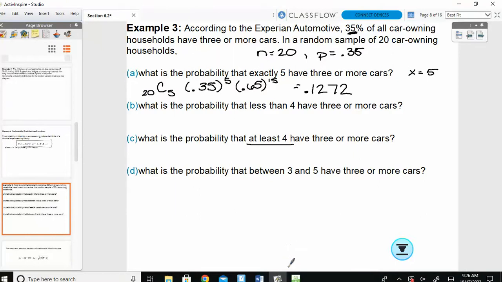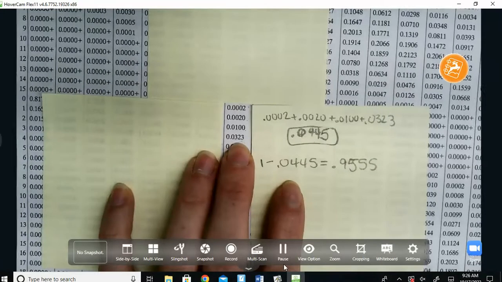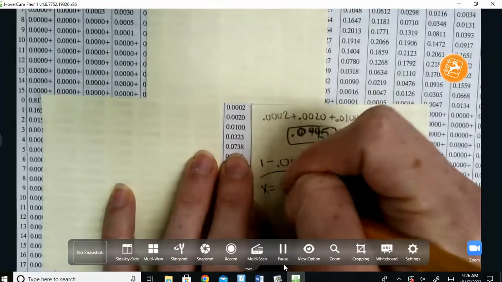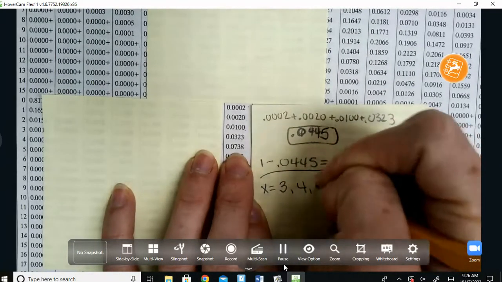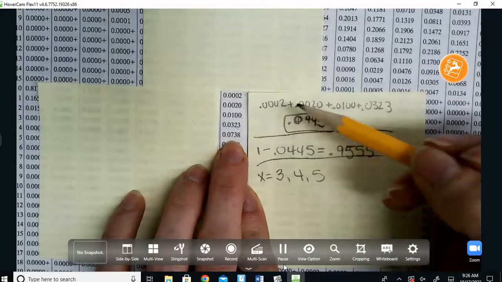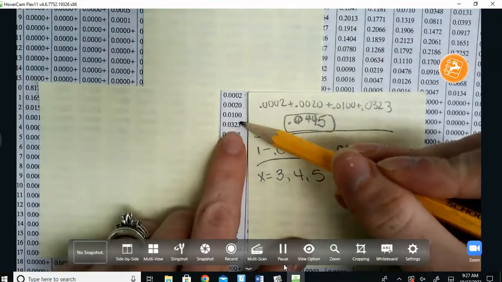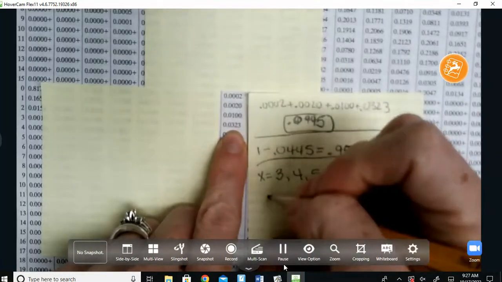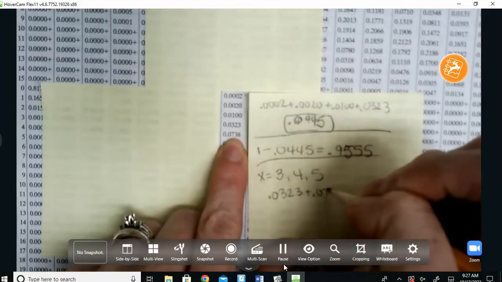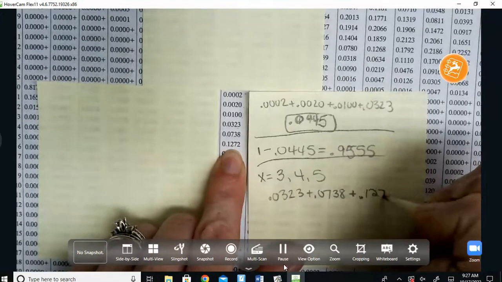The last one, I want the probability between 3 and 5. So between 3 and 5. So that means x could equal 3, 4, or 5. So what should I do with my probabilities? Just adding up those from the table. So the probability of 3 plus the probability of 4 plus the probability of 5.